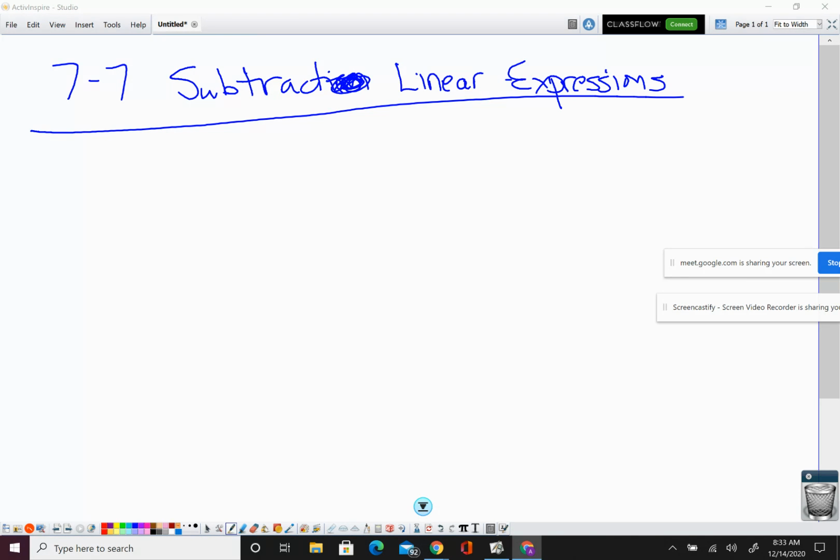How many times have I said that subtraction is the same thing as adding the opposite of something? So we're using that definition of subtraction in today's lesson, and you'll see it more. So we're talking about linear expressions still, and this time subtracting the two.